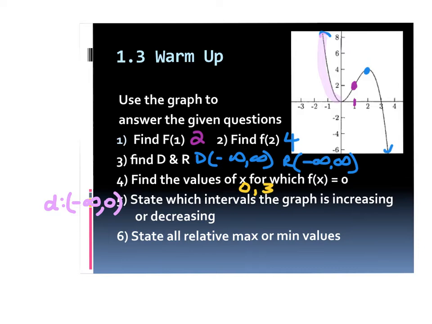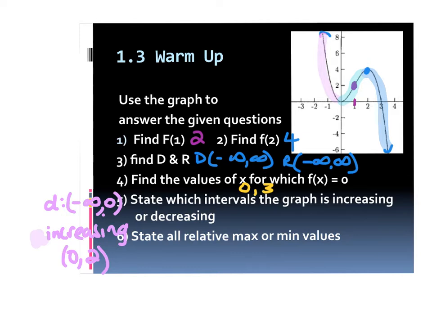All right, then the next shift goes from here to here, which is what? Increasing. From 0 to 2. Good. 0 to 2, parentheses on both, and then it goes back to decreasing. Wait, why does the 0 get a parentheses? Because that point cannot be increasing or decreasing.